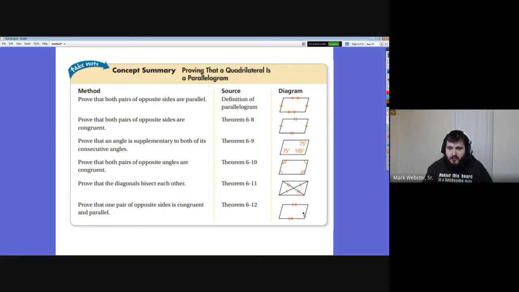And then this last one is kind of like a combination of the first two. If you have one pair that is both congruent and parallel to each other, then that's good enough too. You don't have to have both pairs of sides. You can just have one pair with both.